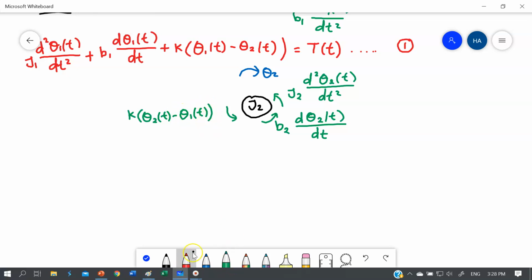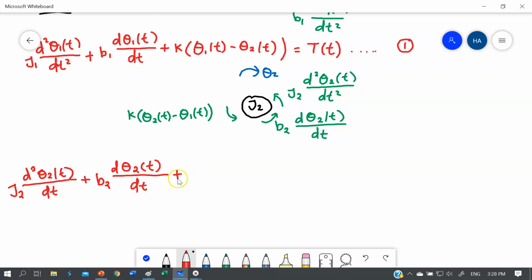So if I write the differential equation, it will be J2 d square theta 2 of t over dt square plus B2 d theta 2 of t over dt plus K, this one is theta 2 minus theta 1.